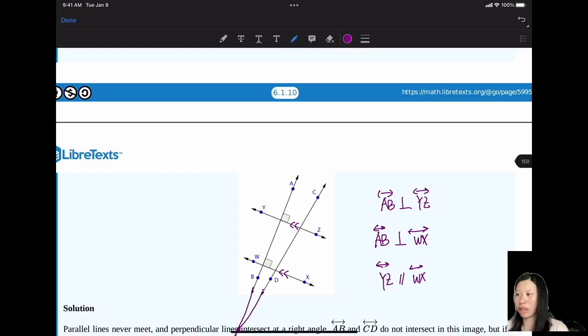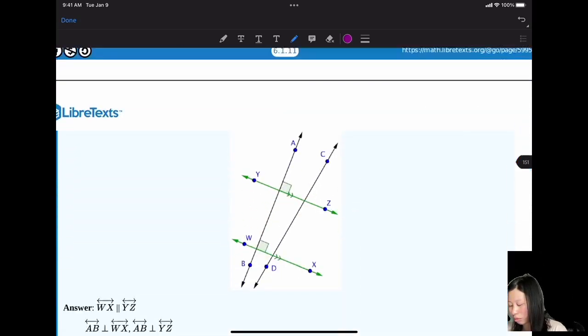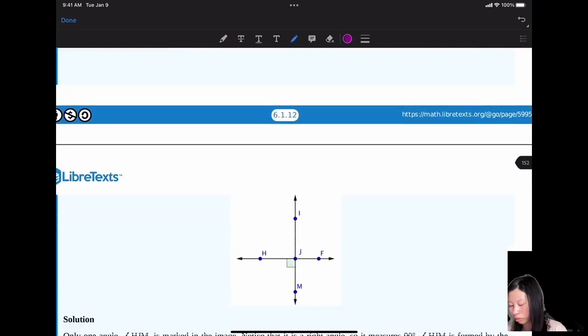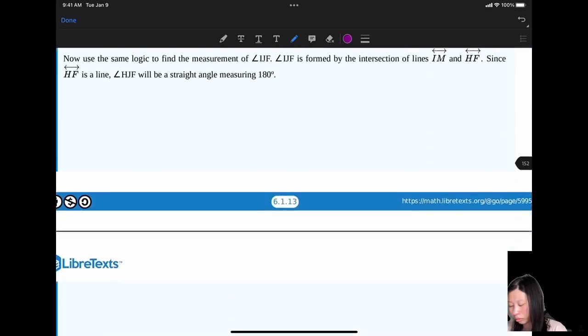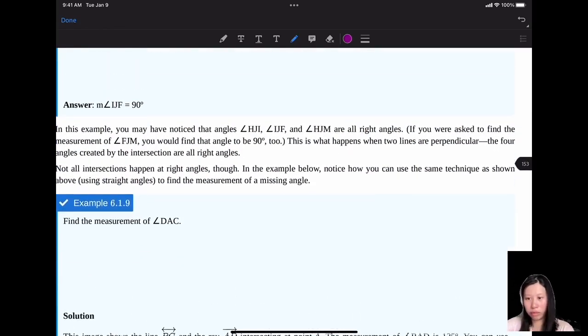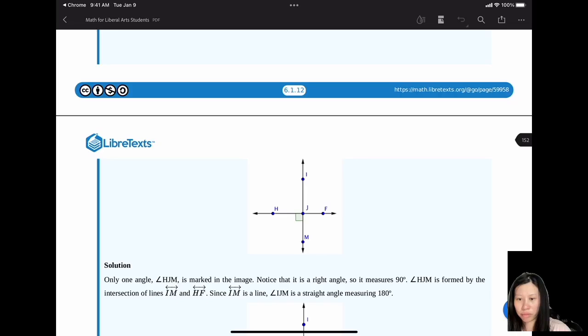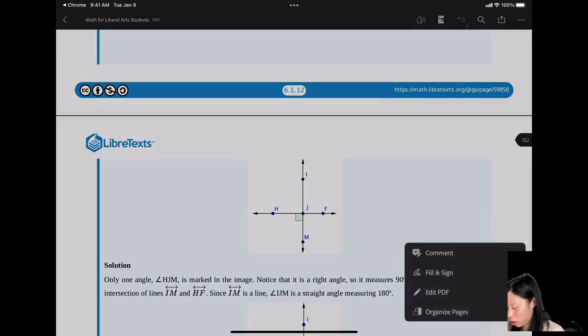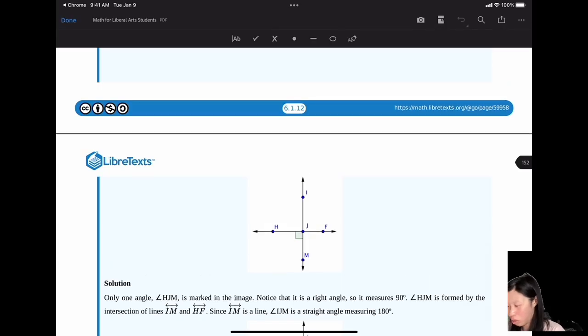Okay, so the next one is finding the angle measurement. How do we find the measurement of angle IJF?